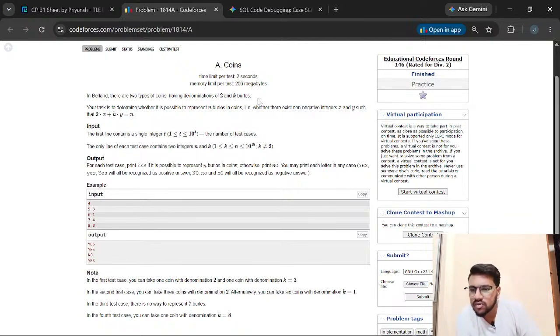Your task is to determine whether it is possible to represent n burles, that is, whether there exist non-negative integers x and y such that 2x plus ky equals n.